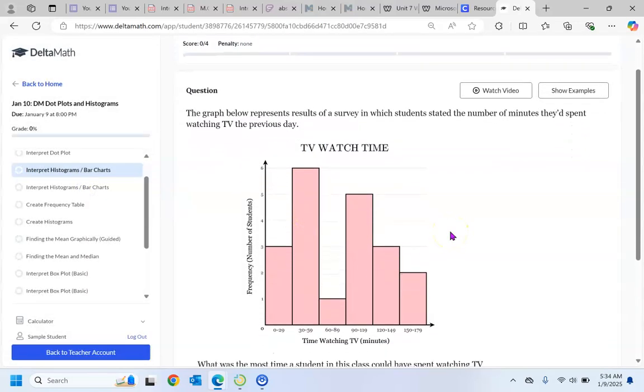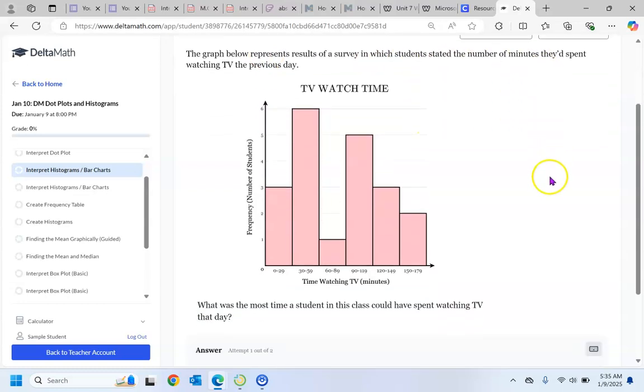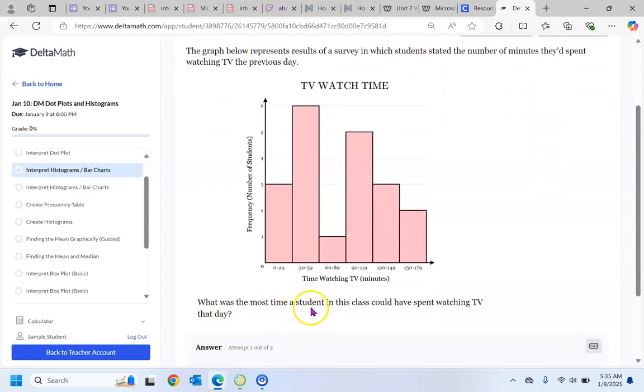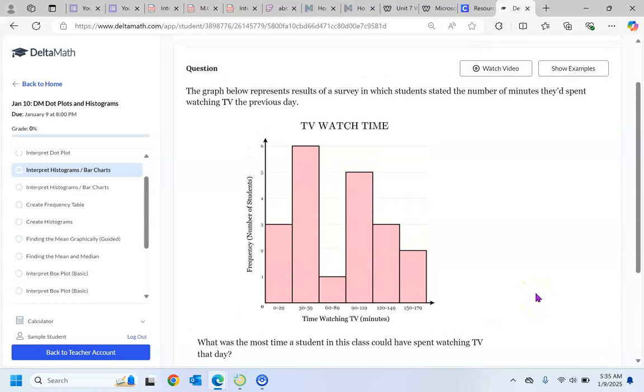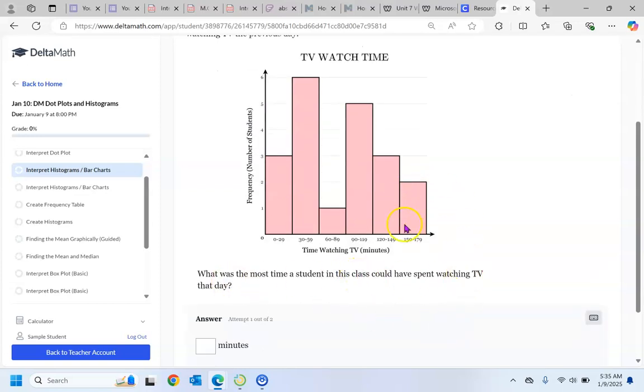The graph below represents the results of a survey. What is the most time a student in this class could have spent watching TV that day, okay? So look at this and what is the most time, okay? If they asked you like the least amount of time, it would be here, okay?